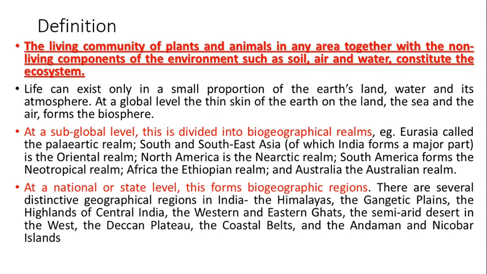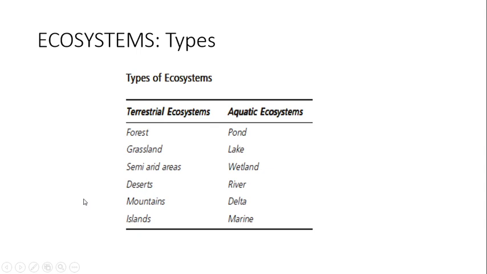At an even more local level, each area has several structurally and functionally identifiable ecosystems. Each region has ecosystems like forest, urban, mangrove, river catchments, delta and other types of regions. So basically, as I have told you, ecosystems are of two different types: terrestrial and aquatic.